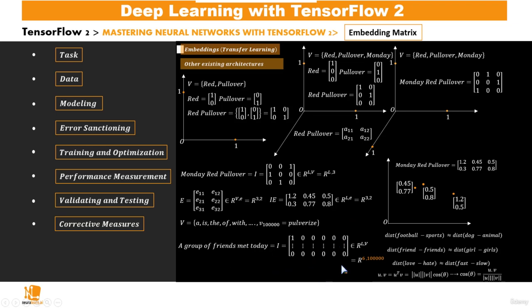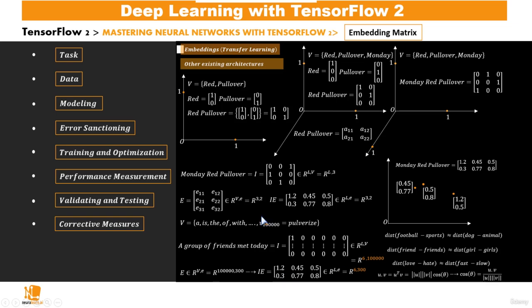Now that we have this, we could define an embedding matrix E of dimension the vocabulary size, which is 100,000, by a lower dimensional embedding size, which we've chosen to be 300. So we're going from 100,000 to 300. In that case, multiplying I by E will give us L by V times V by E, which is L by E. So, since E is 300, we're gonna have 6 by 300.